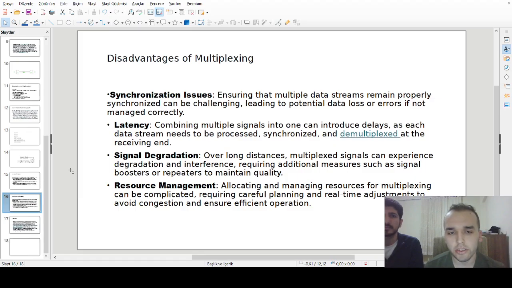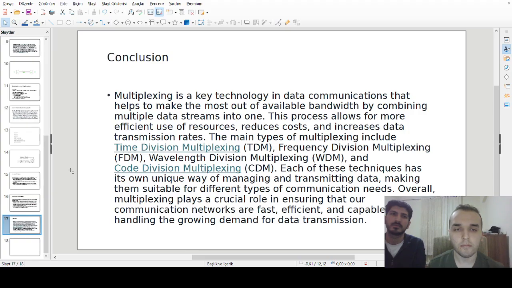Signal degradation: over long distances, multiplexed signals can experience degradation and interference, requiring additional measures such as signal boosters or repeaters. Resource management: allocating and managing resources for multiplexing can be complicated, requiring careful planning and real-time adjustments to avoid congestion and assure efficient operation.